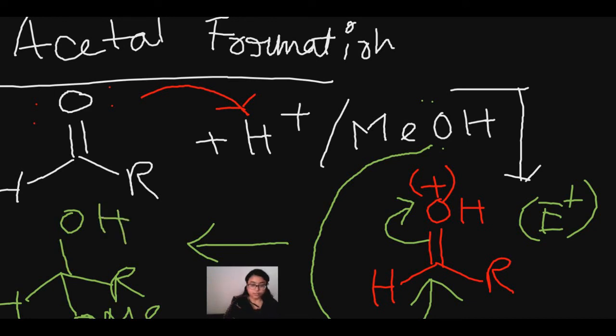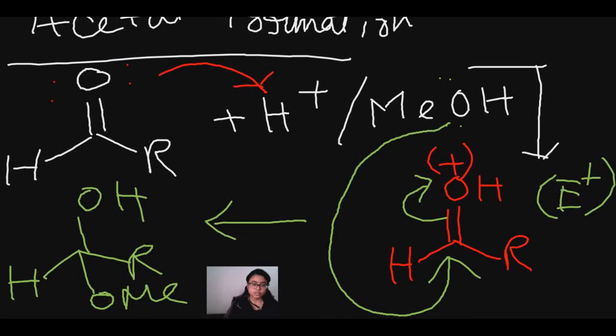Now here you can see there is an OH and an OMe present. So this is basically called hemiacetal. This is not acetal yet. This one is hemiacetal, one OH and one OMe.